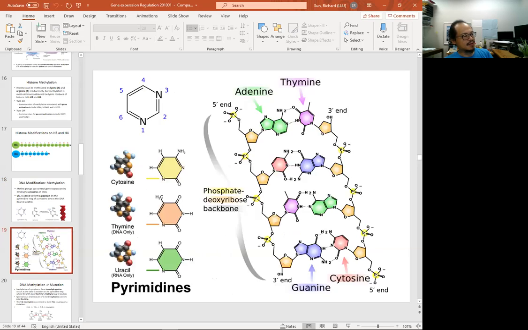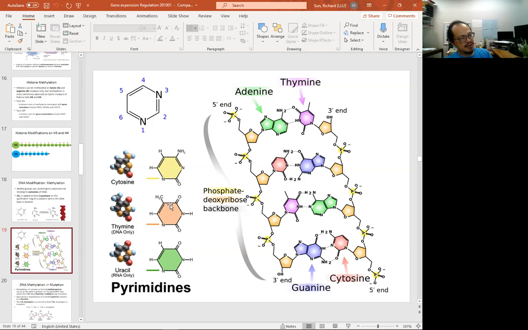This DNA nitrogenous base, for the cytosine, thymine, and uracil, they have a similar structure here. This ring is called the pyrimidine ring.